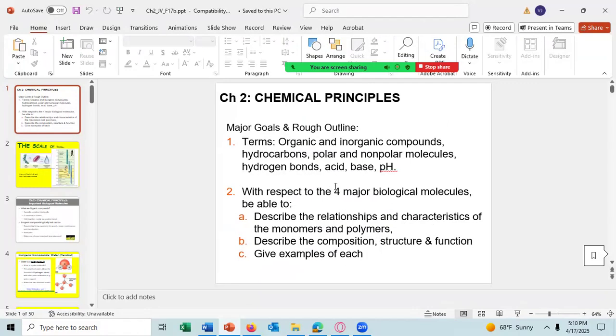What are the 4 major biological molecules? These are molecules that are only found in something that is alive or was once alive. You can find 3 of them on any box of cereal or any food item. So what are the 4 major biological molecules? Come on, you should have had that in Biology 160.